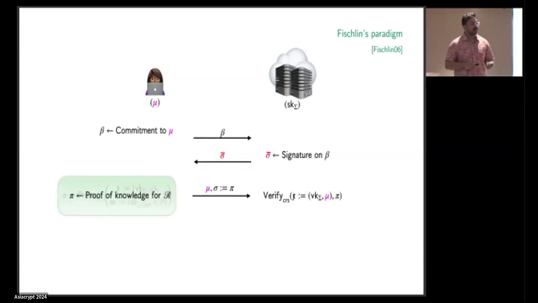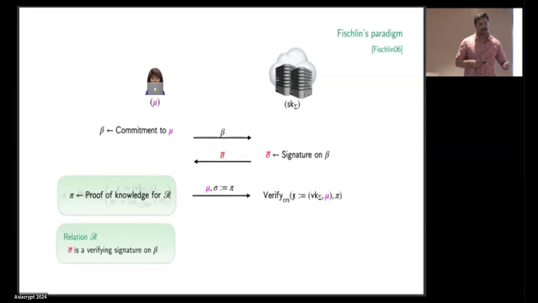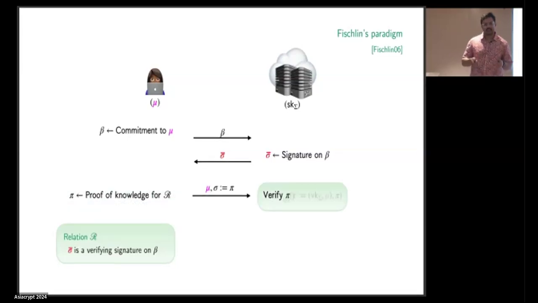Then the user simply creates a proof of knowledge that it knows a verifying signature on data corresponding to the original commitment. And so now the signature is just pi for the message mu, and a verifier can simply verify this proof.